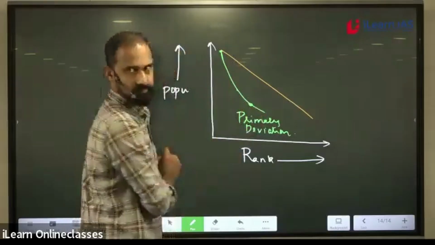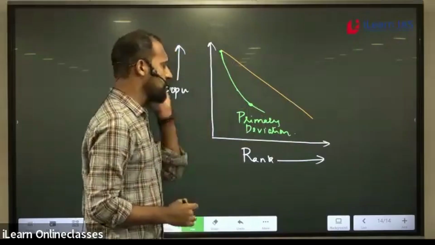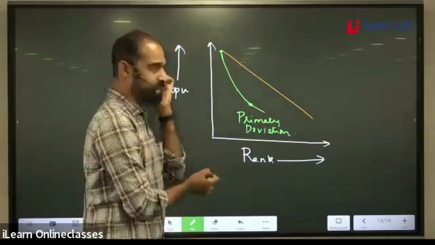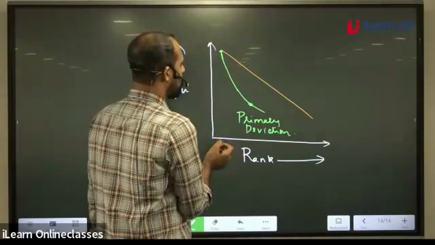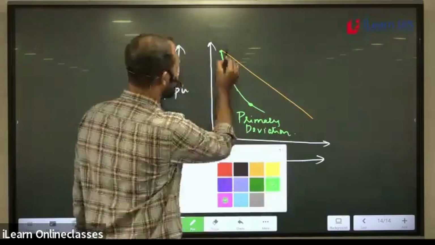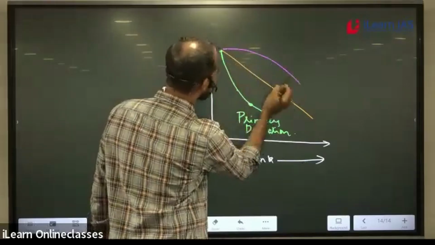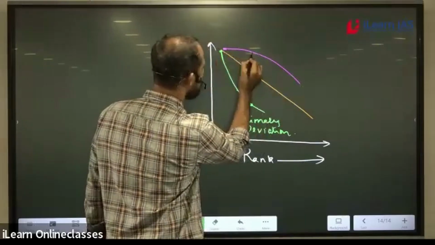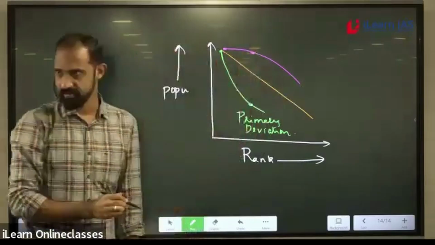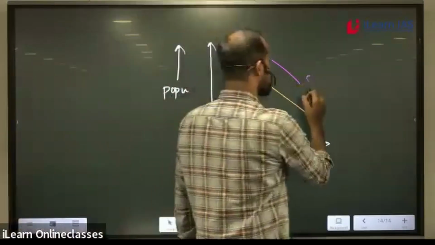Okay. So population size difference is not half. Now we can find secondary deviation. The largest city, second largest city. Okay. Closer population. Secondary deviation.